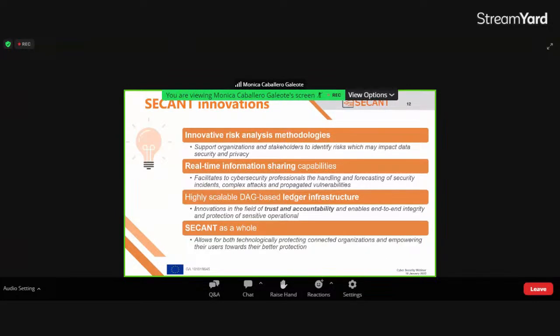So just to summarize what we think are the main innovations of the SECAN initiative, we are developing innovative risk analysis methodologies that can support both public and private organizations, as well as relevant stakeholders, to identify risks and vulnerabilities which might impact the security and the privacy of the data in the supply chain.